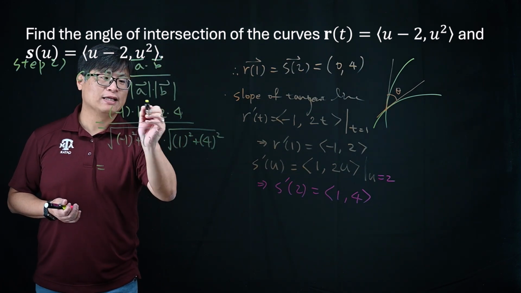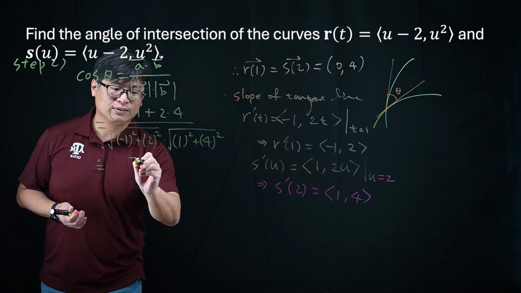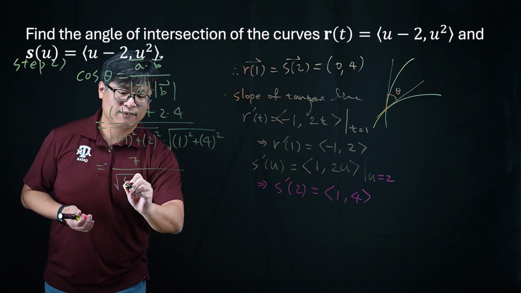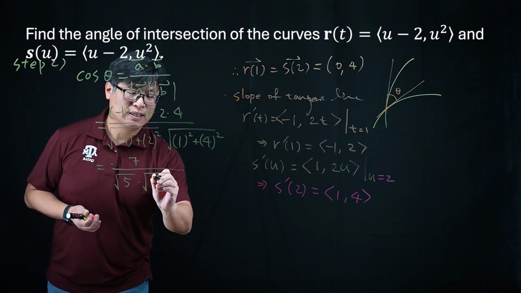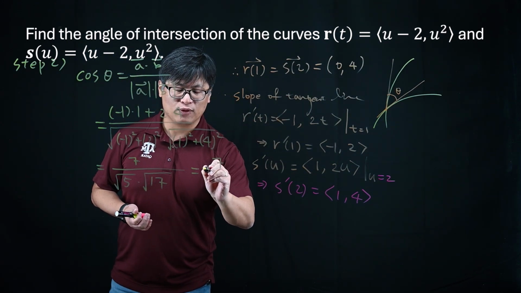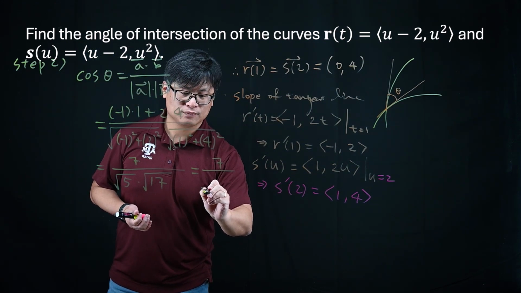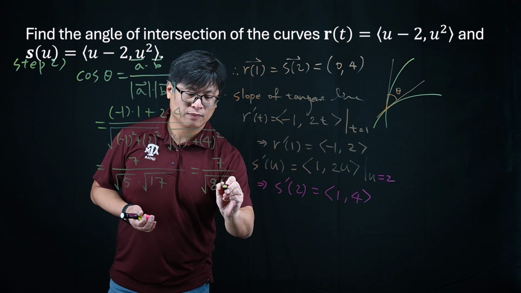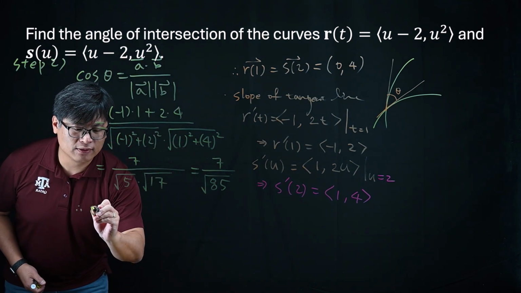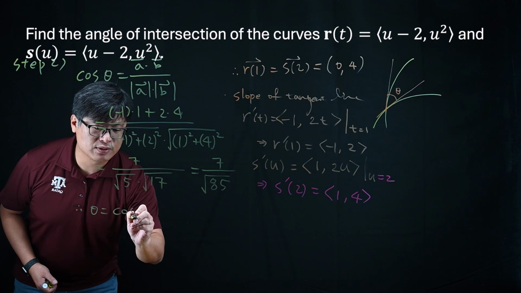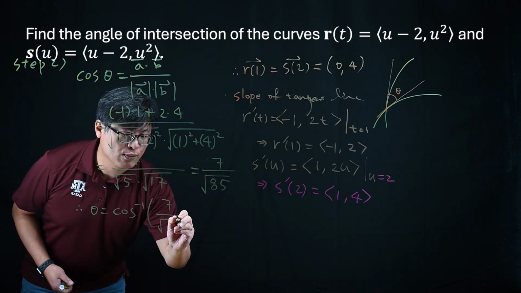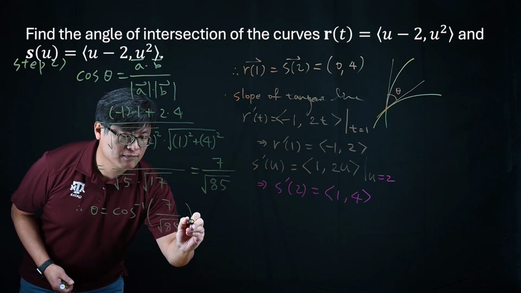That is equal to minus 1 plus 8, which is 7, over square root of 5 times square root of 17, which is equal to 7 over square root of 85. So this is cosine theta. Therefore, your angle theta is cosine inverse, or arc cosine, of 7 over square root of 85. That's it.